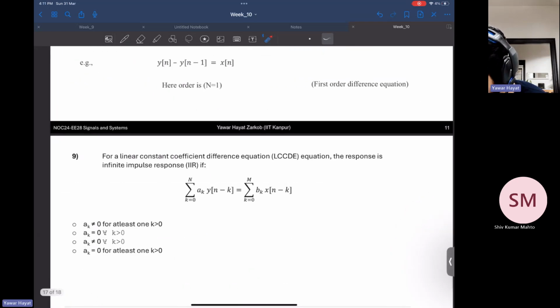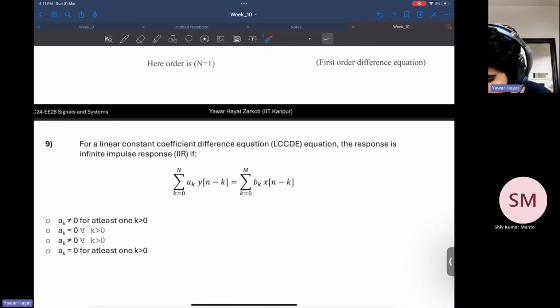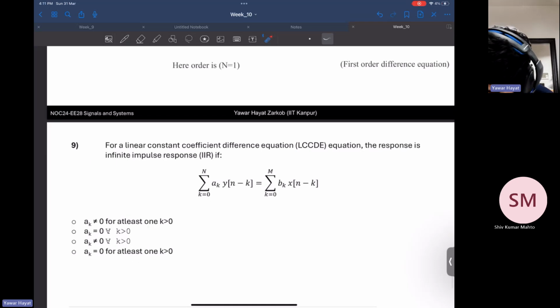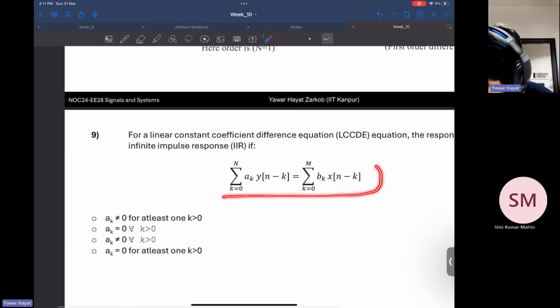So let's quickly take some questions on this. For a linear constant coefficient difference equation, LCCDE, the response is IIR, the infinite impulse response. This is your LCCDE.